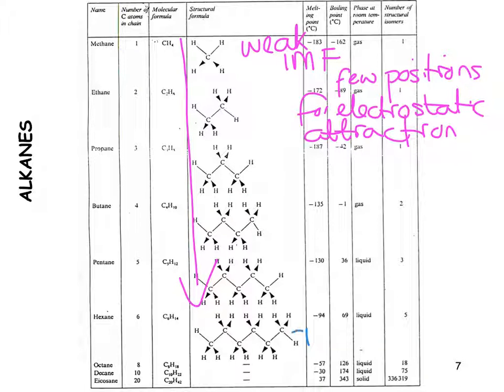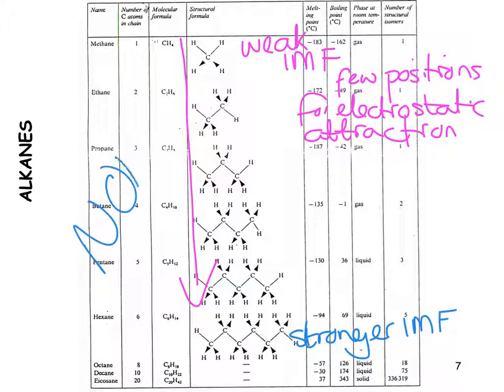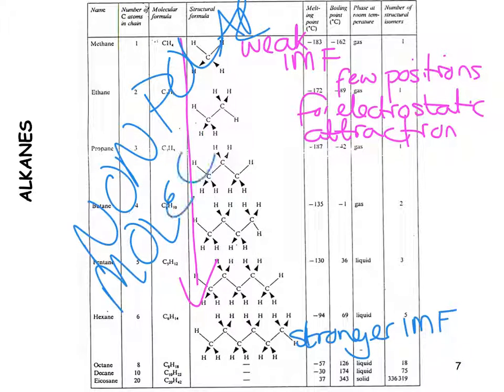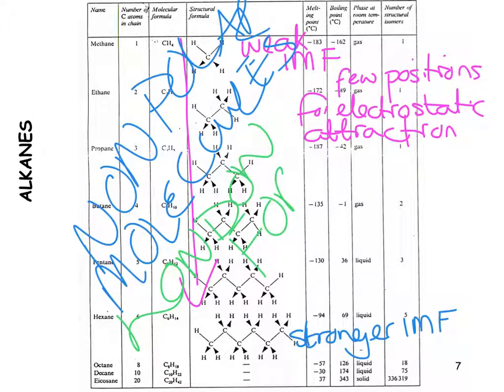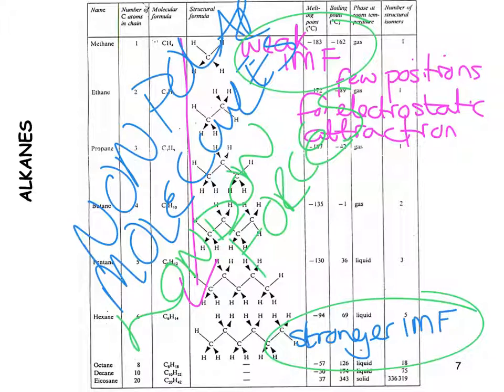These will be stronger intermolecular forces, even though these are all non-polar molecules. And what do we remember hold non-polar molecules together? It's going to be London forces. But the London forces are weak when the molecule is small and stronger when the molecule is big. Why? Because there are many positions for electrostatic attraction.